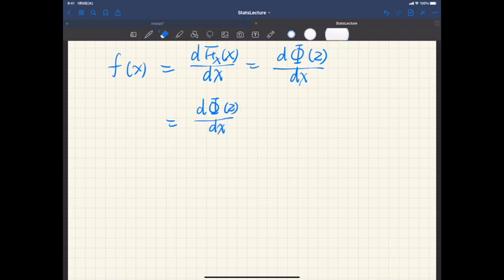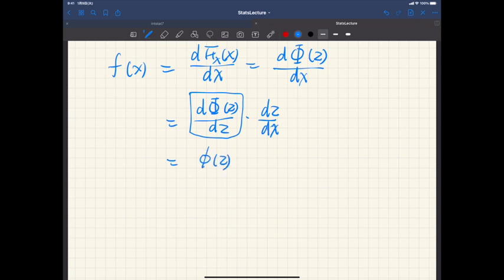But this part is the density function for the standard normal distribution, and since z is defined as x minus mu over sigma, this derivative should be 1 over sigma.